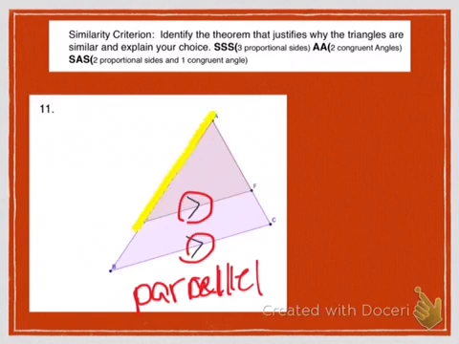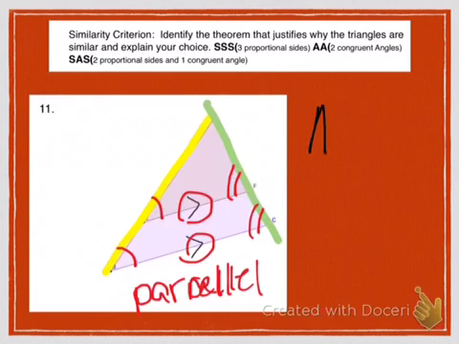So here's the transversal, and I have the corresponding angles there. I also have another transversal, which would be here. So I'd have alternate interior or corresponding angles here. Therefore, the triangles are similar by the angle-angle theorem because I have 2 pairs of congruent angles.